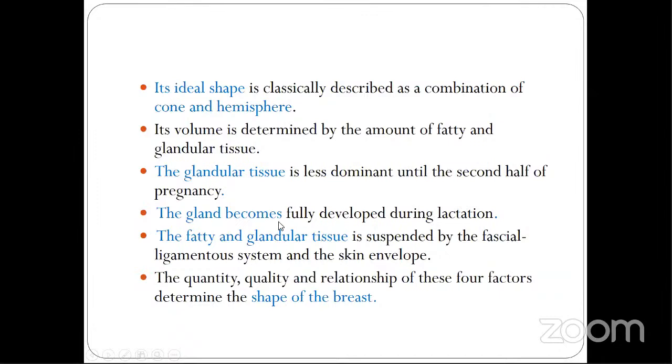This is why the breast of a lactating female becomes larger than that of a non-lactating female, because the glandular tissue becomes fully developed. This fatty and glandular tissue is suspended by the fascial ligament system and the skin envelope. The quantity, quality and relation of all these factors determine the shape of the breast.